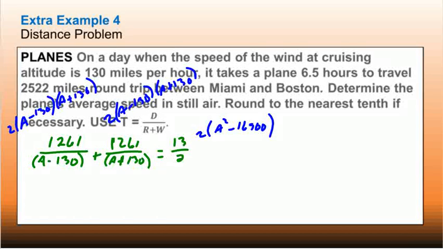Now to simplify, here I have 1261 times 2, which is 2522. And that would be 2522A. Then 1261 times 2 times 130 is a positive 327,860.